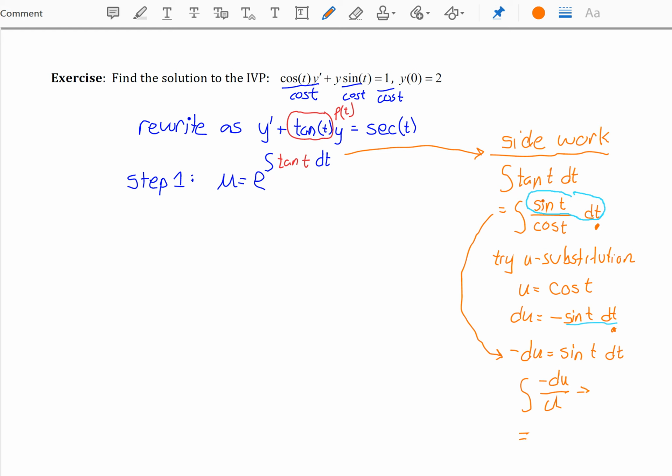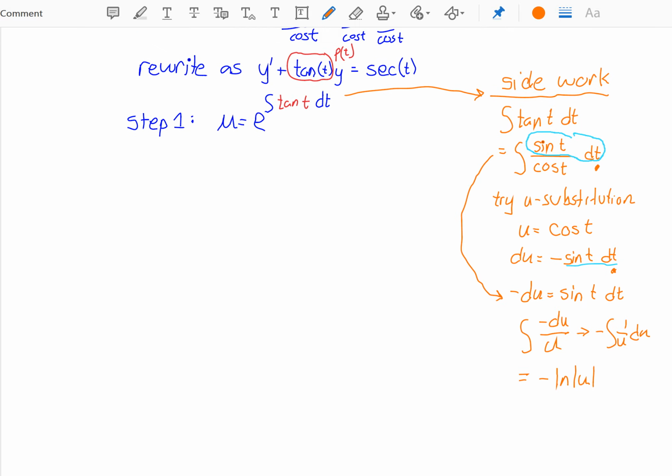You can rewrite this if you'd like as negative integral 1 over u du, which would be negative natural log of the absolute value of u. Now remember, with these integrals, it's important to rewrite your answer in terms of the original variable. So this would be the negative natural log of the absolute value of cosine of t, since u was really cosine of t.